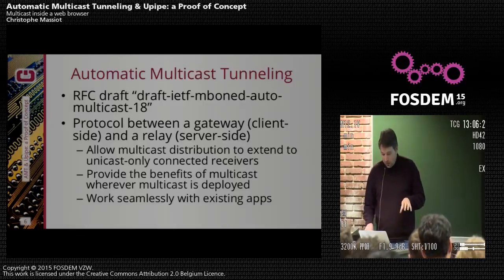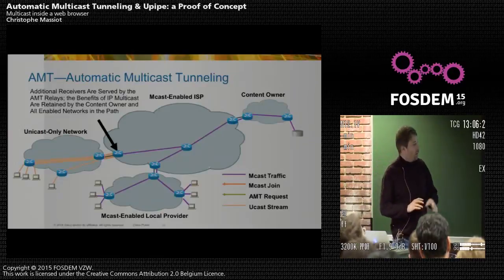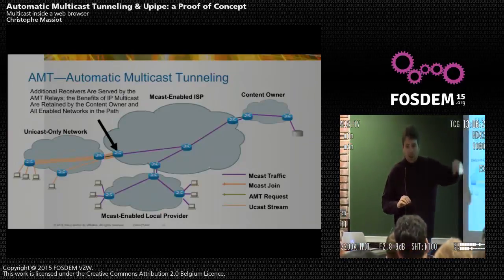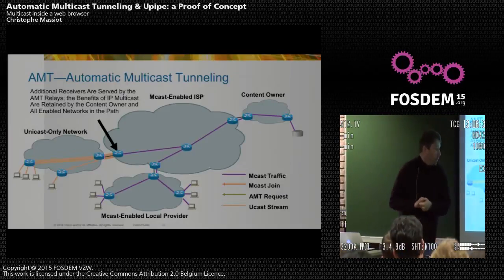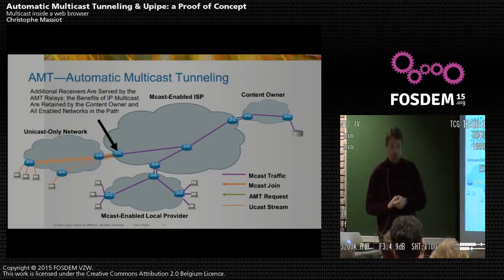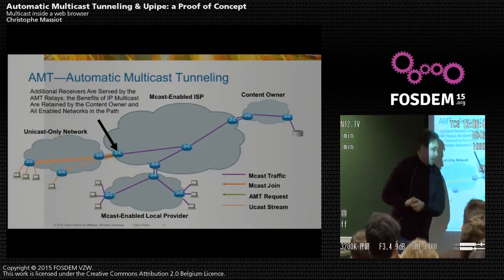So I detail a bit how it works with this slide. The streamer, the content owner, is on the right. If you are in a multicast network like the one on the bottom, you have the purple video streams flowing in just one copy down to the clients that are down there.